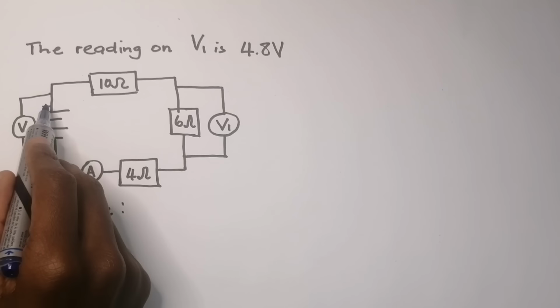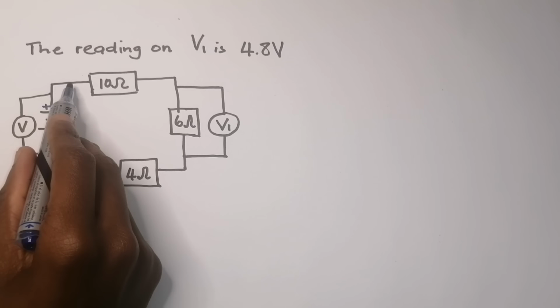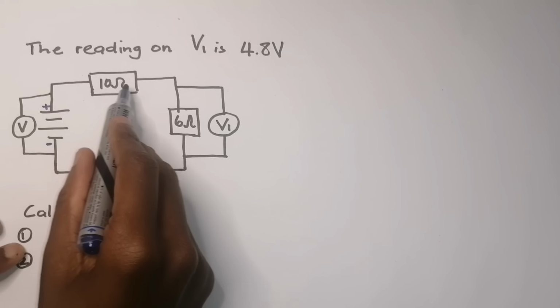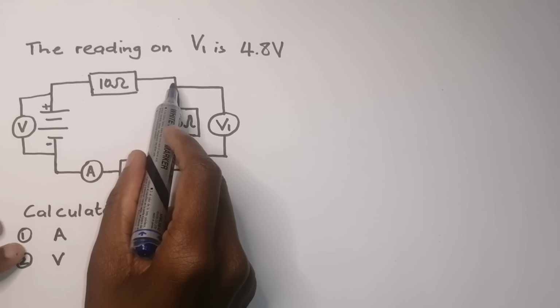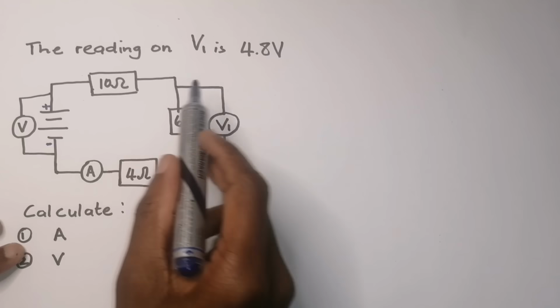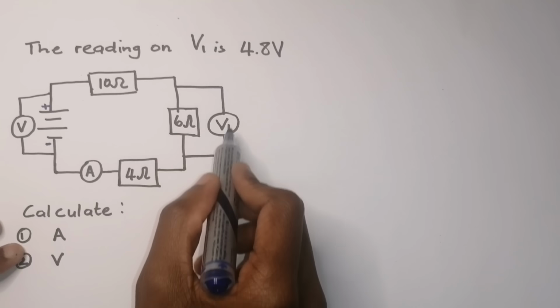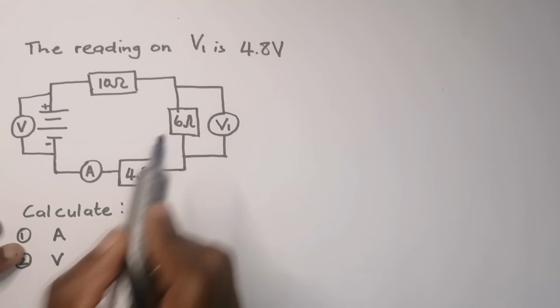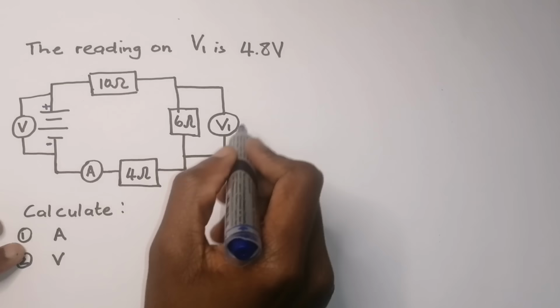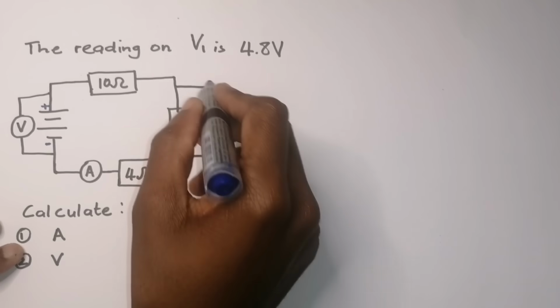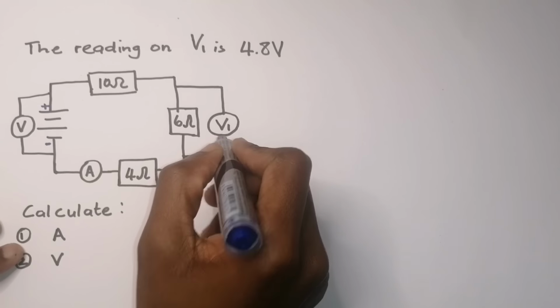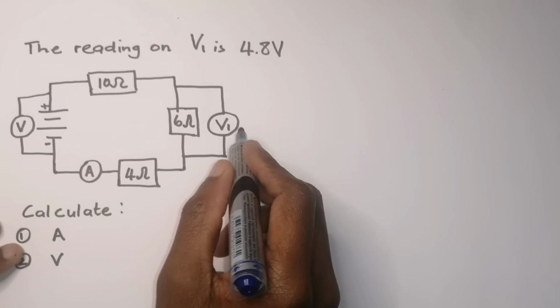So now let's have a look at it. All right, so total current flows out of here, passes through the 10 ohm resistor, right? And then total current continues, and then we get to this point here. Is there any current that flows through voltmeter V1? Absolutely not. There's no current that will flow through that. Why? It's got infinite resistance, right?